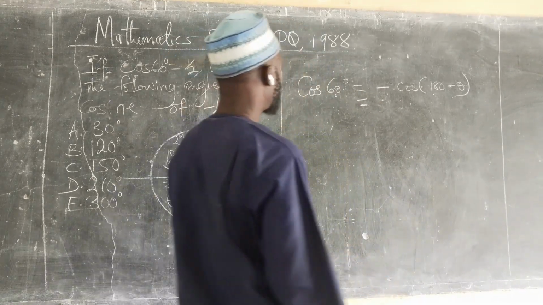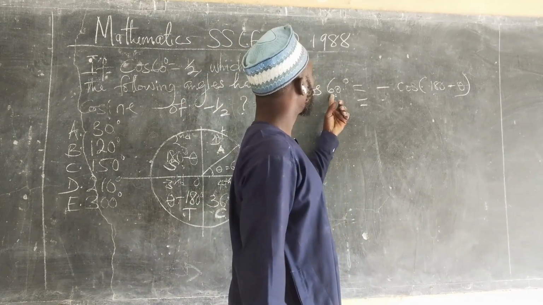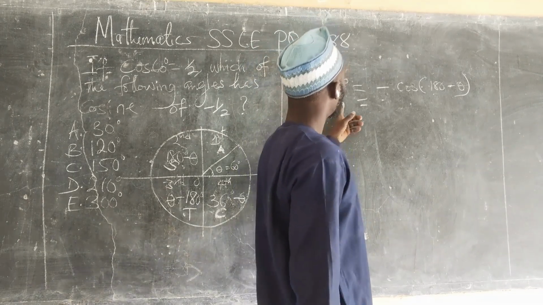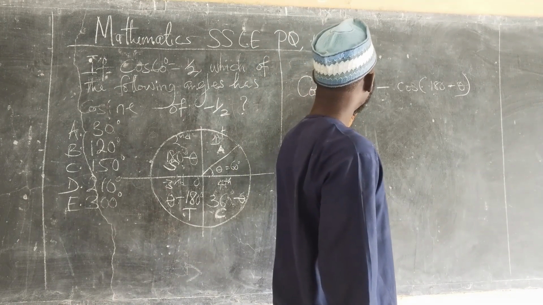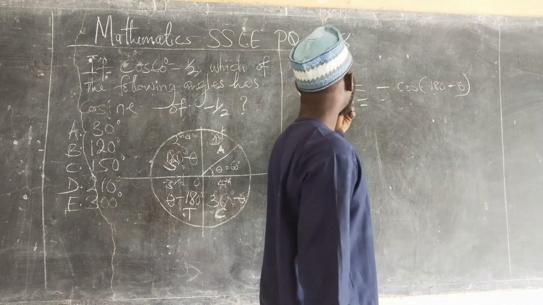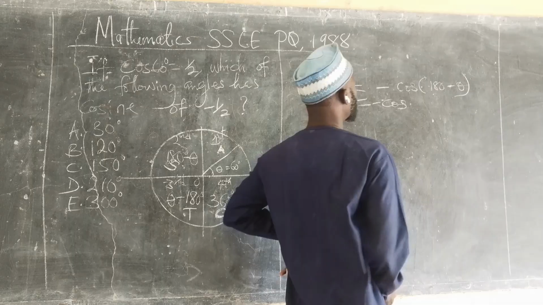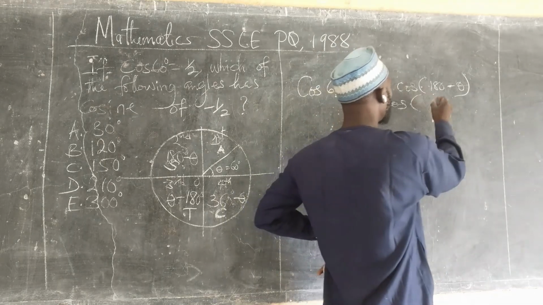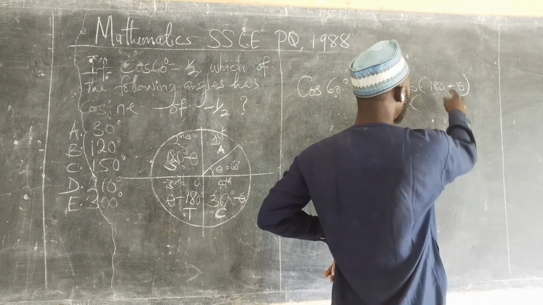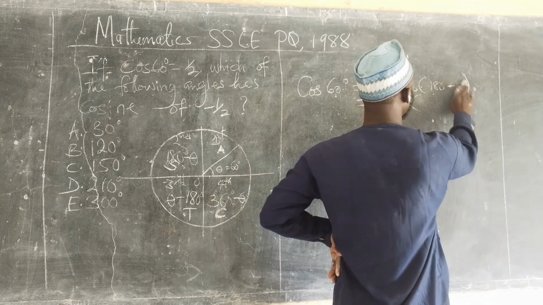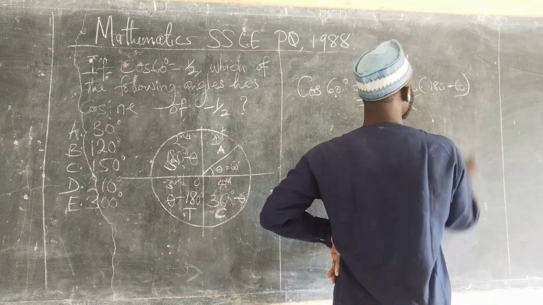And that is equal to what? The cosine of this is half, so minus cos of 180 minus theta, and theta is 60 degrees.